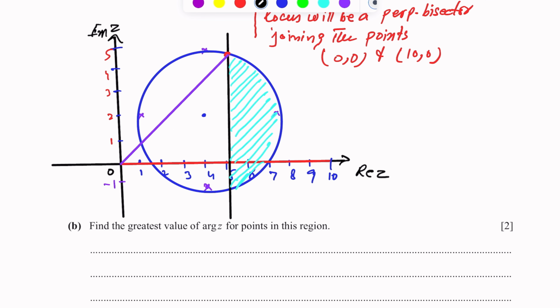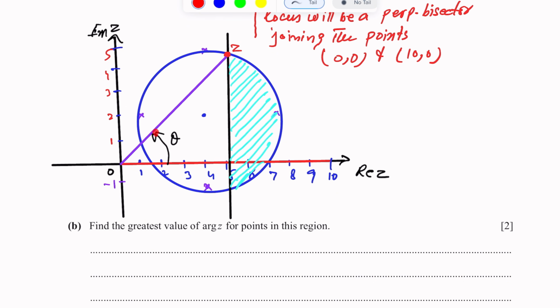Let me say that this angle is theta. We have to find this value of theta. Z is here. Z is a point which represents the complex number x plus iota y. Actually, Z is a general complex number which represents the point (x, y).